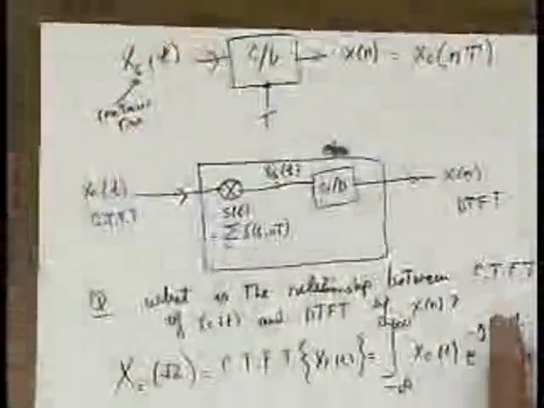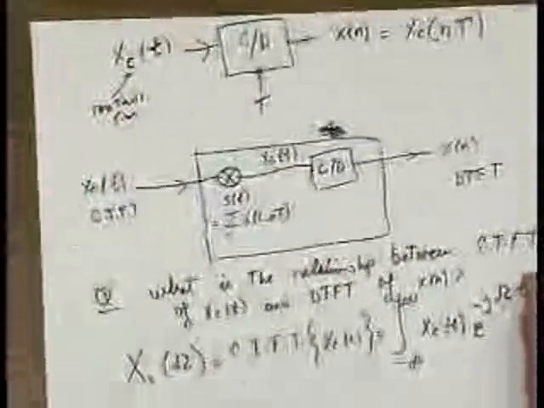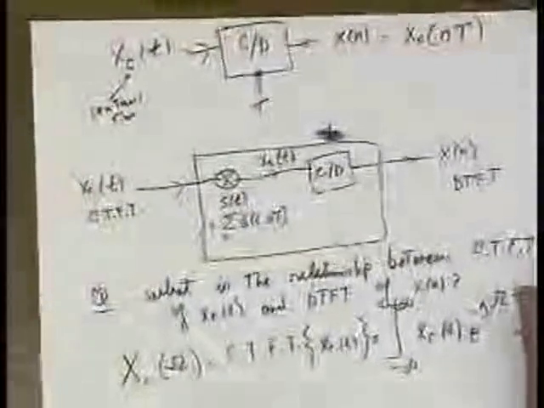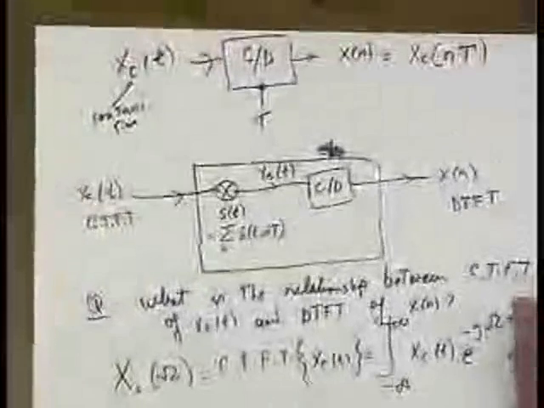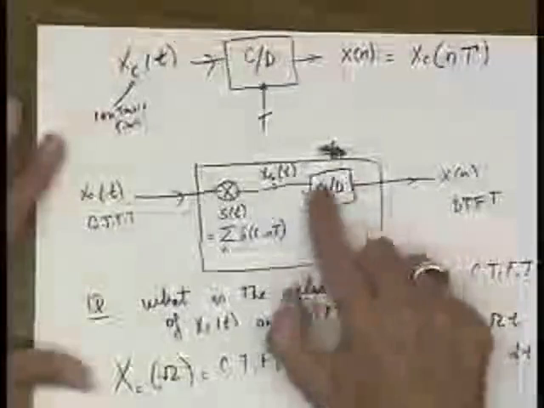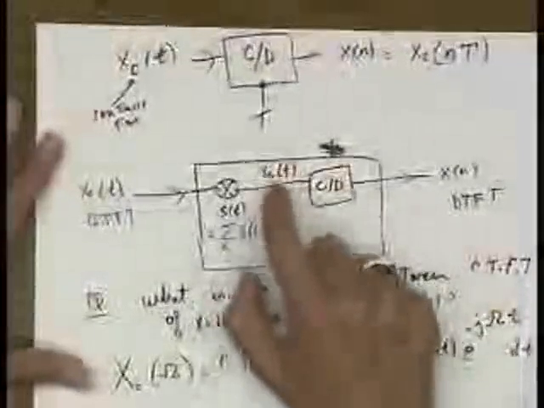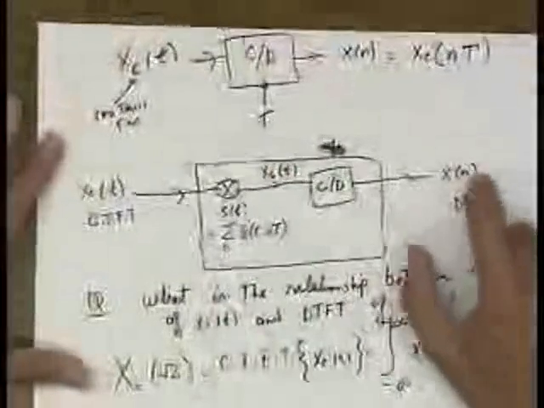Yeah? Are we missing a block that says area of delta? No. What do you mean, are we missing a block that says that if... A box in there that says take the area of the delta, and then you have x of n. That's it. This box is converting a continuous time signal made of deltas into x of n.